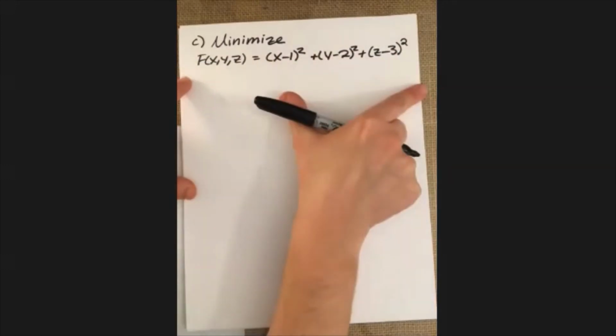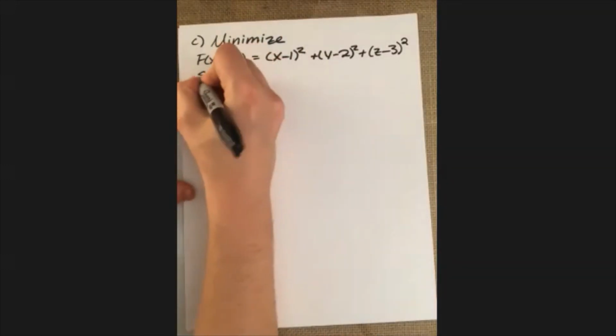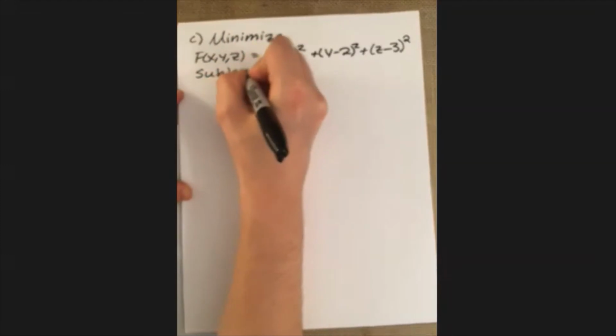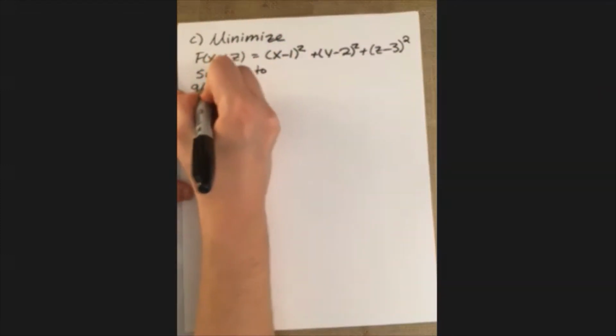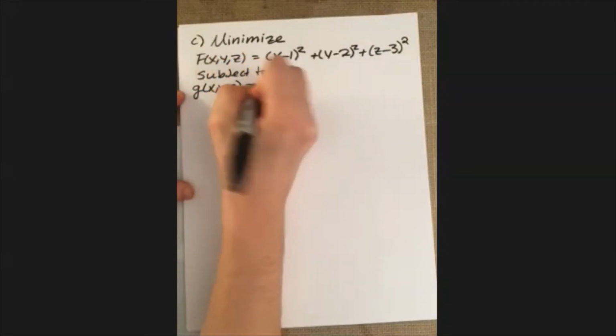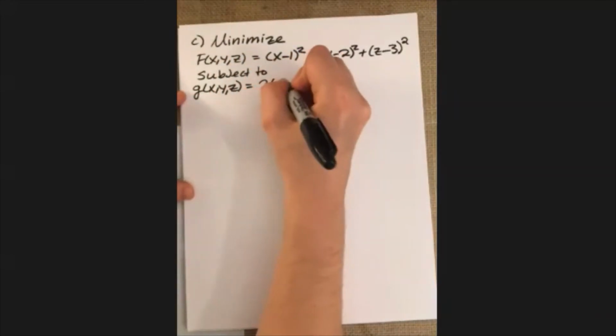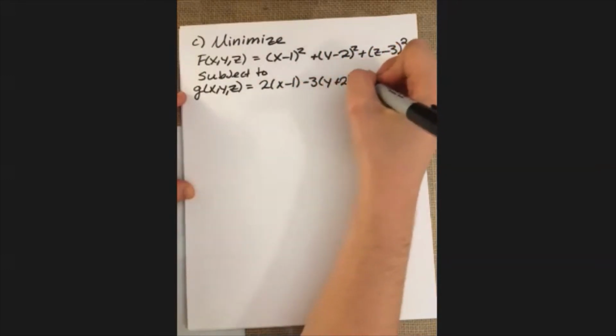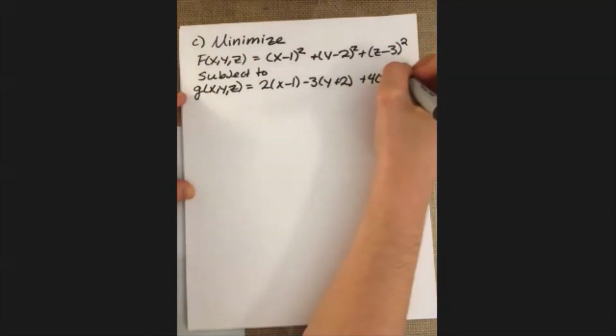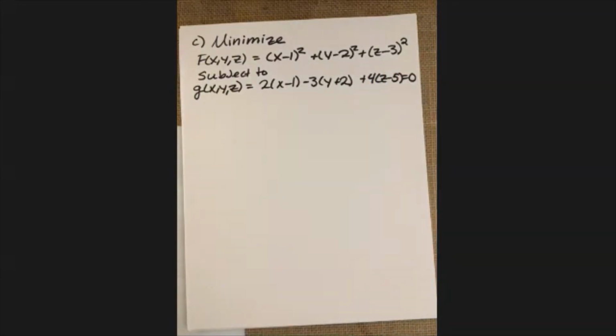It's got all three variables in it, because when we do Lagrange multipliers, we deal with our constraint as an actual second part, right? So it's subject to the constraint g of x, y, z equals 2 times (x minus 1) minus 3 times (y plus 2) plus 4 times (z minus 5), and that's going to be equal to 0, okay?